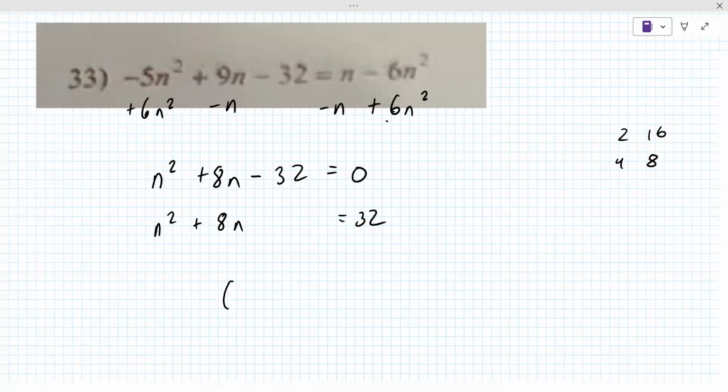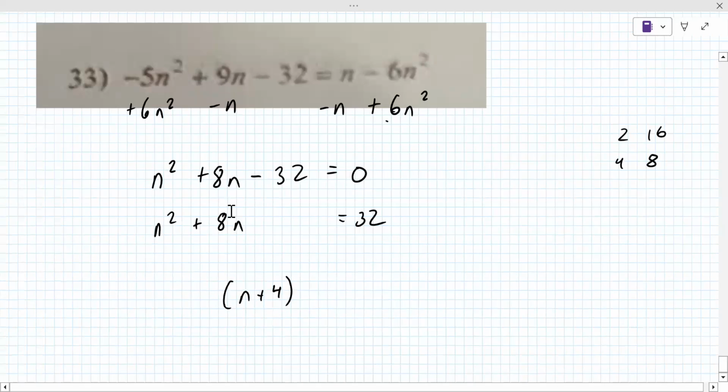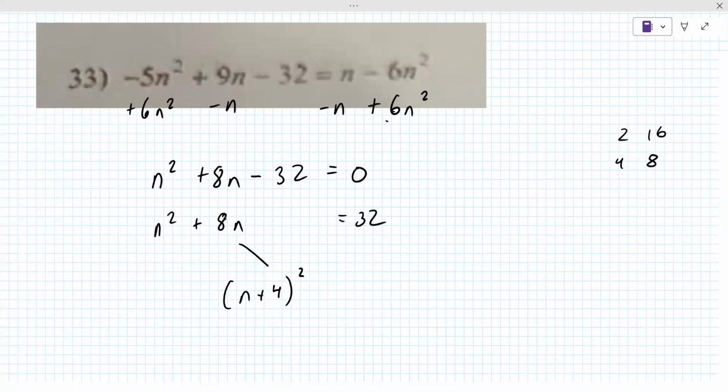It depends if that middle number can be nicely halved. Okay, so it can. So that's why you would consider doing it. So n plus 4 squared equals 48, so it's plus 16.